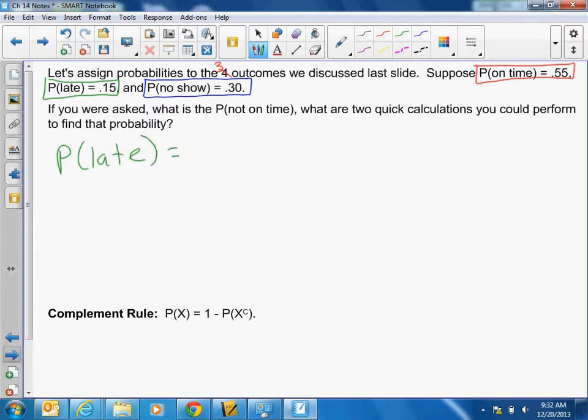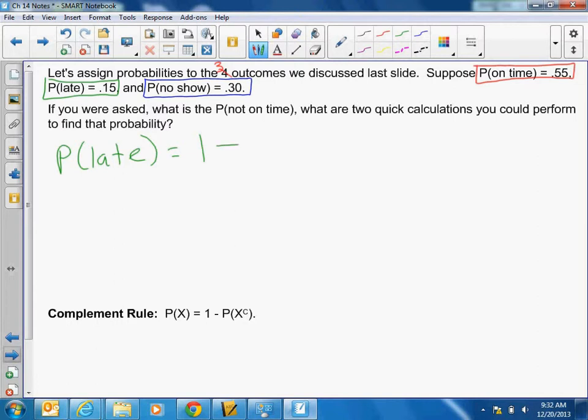You could do that by saying, well, the sample space, all possible outcomes, is 100%, or one of the different ways that this trial can take place.